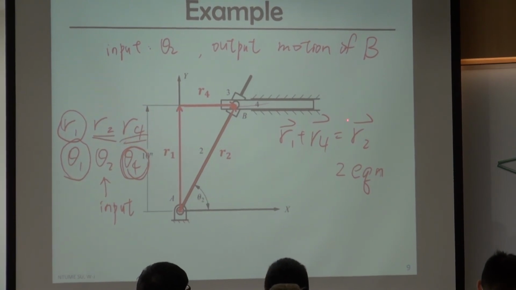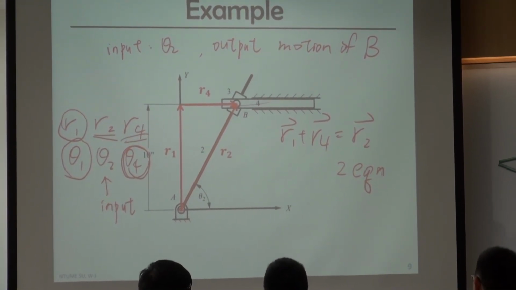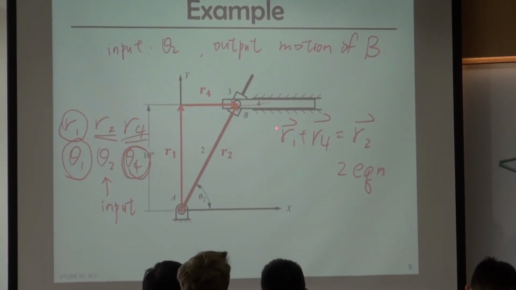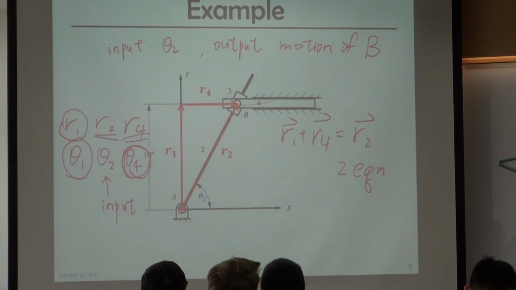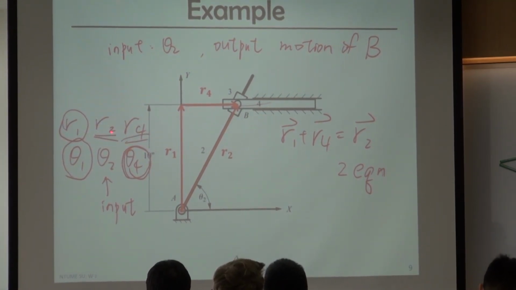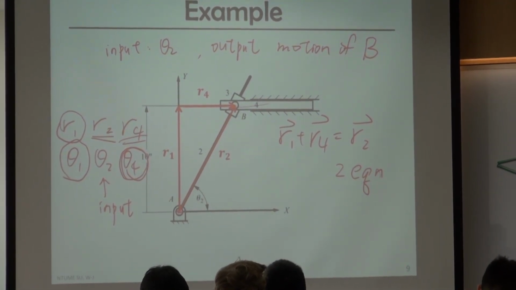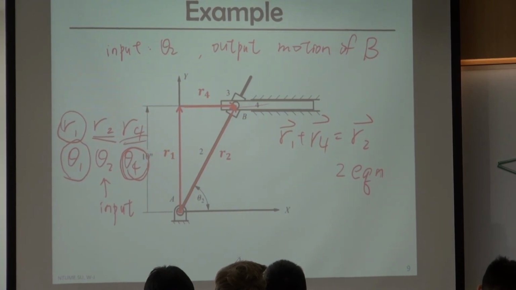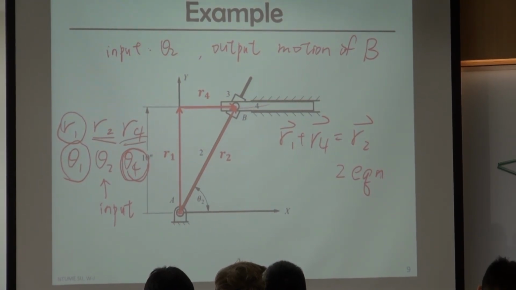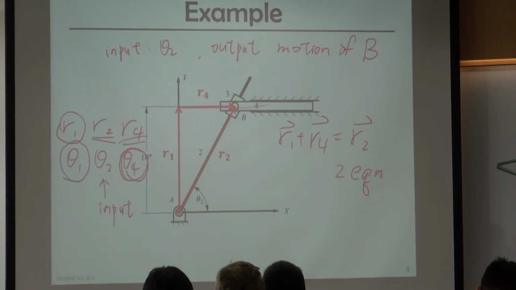It always stays horizontal. So we use this vector loop to obtain 2 equations, and these 2 equations solve these 2 unknowns, R2 and R4. Any questions?